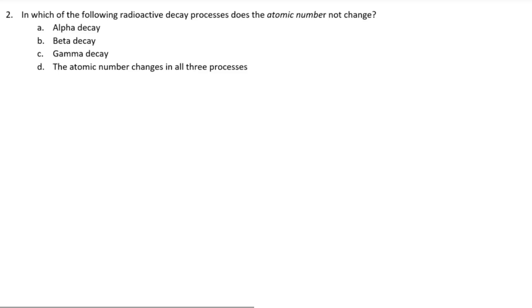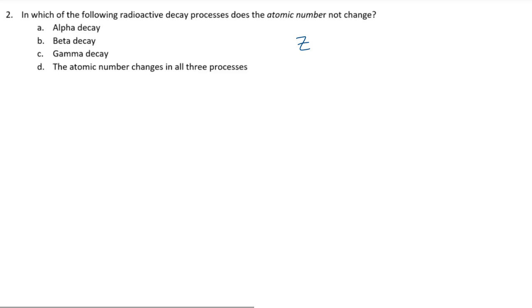To begin, let's recall what is meant by the atomic number. The atomic number Z of a particular element or isotope is simply equal to the number of protons in that element. In alpha decay, an alpha particle, which is simply a helium nucleus, is released. An alpha particle contains 2 protons and 2 neutrons, and therefore the atomic number decreases by 2.